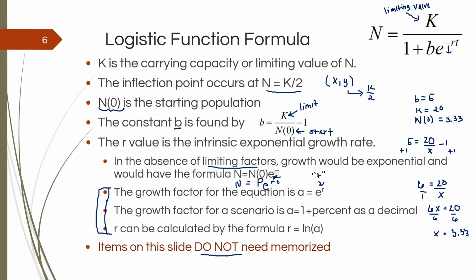But you can take e to the r power, and that gives you a. Now, a is the base of the NPAT. So a is 1 plus the percent as a decimal. And if you happen to know the percent as a decimal, you can get a and then take the natural log of it and get back to r. So we will do some problems in our lecture portion and in our homework that relate these 3 formulas together, the relationships that we have here between a and r.